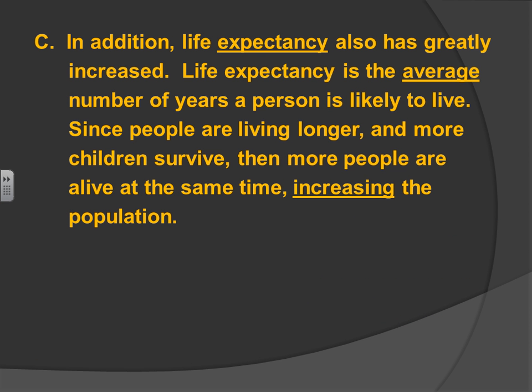C, in addition, life expectancy also has greatly increased. Life expectancy is the average number of years a person is likely to live. Since people are living longer and more children survive, then more people are alive at the same time, increasing the population. A long time ago, 1,000, 2,000 years ago, the life expectancy in a lot of places was only 30 or 40 years.